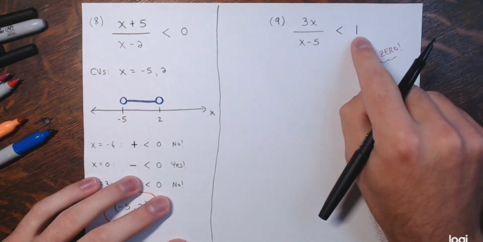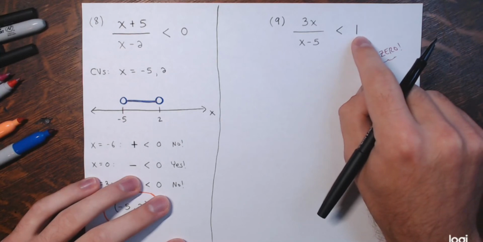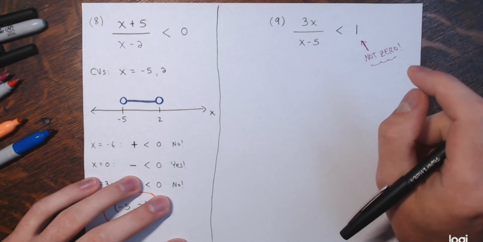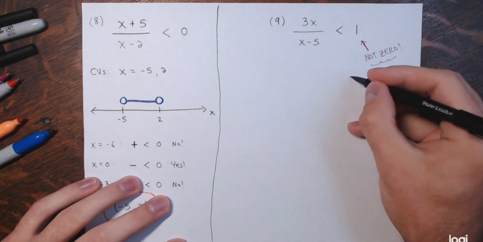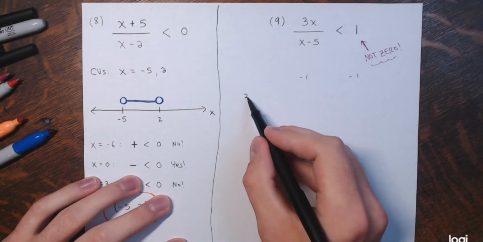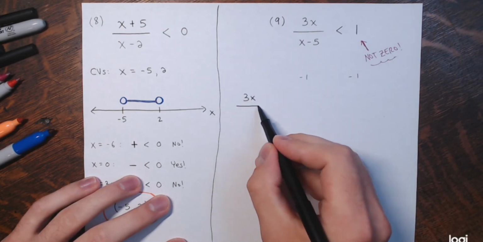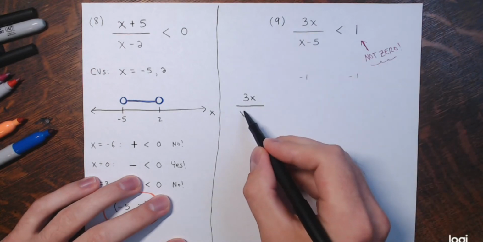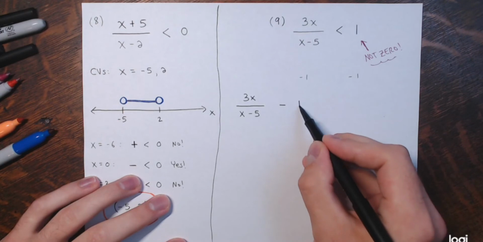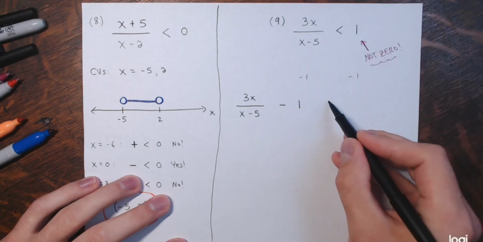So if one of the sides isn't 0, subtract it, get rid of it, make it 0. So I'm going to be subtracting 1 from both sides. So on the left side we have 3x, the first fraction there, 3x over x minus 5, then minus 1 is less than 0.